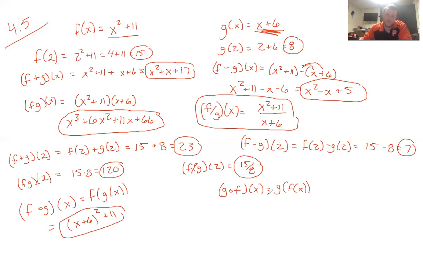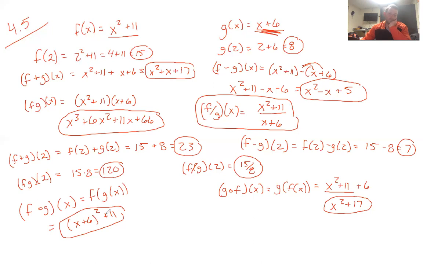This one, I'm going to take the f and plug it in for that one. So instead of the x, I'm going to put x squared plus 11 plus 6. See how this was the x? And then simplify that: x squared plus 17. You could simplify the other one too, but I don't know if they ask you to or not.